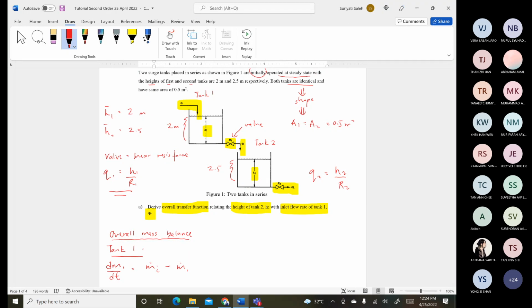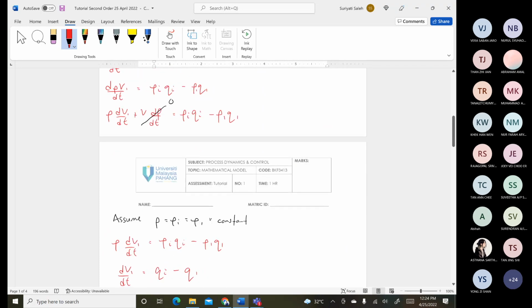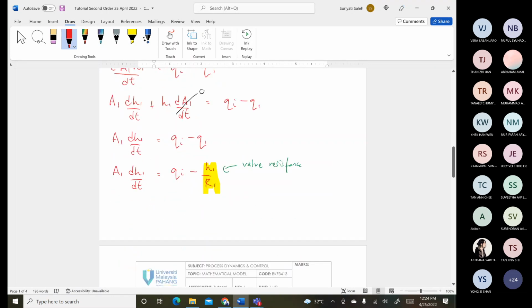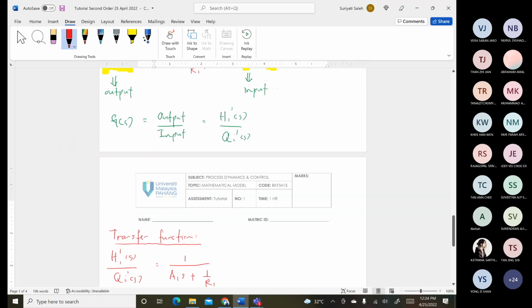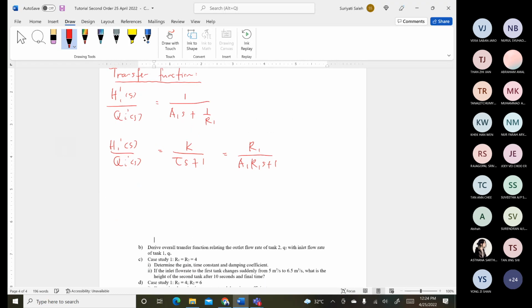This means for the second tank, we follow a similar procedure to what we did for the first tank. So for the overall mass balance for tank 2.